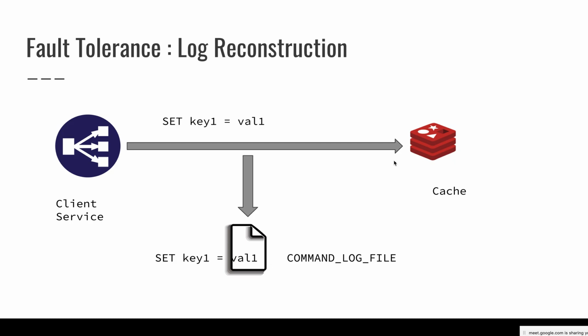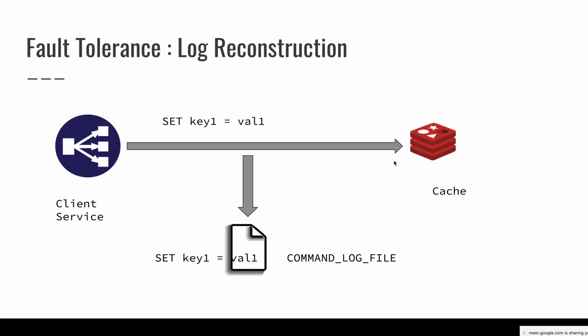Have a look at this diagram. There is a client service, there is a cache. Now, client service is gonna issue commands to the cache. For example, the first command is set key1 equals val1, which means for key1 store a value of val1.